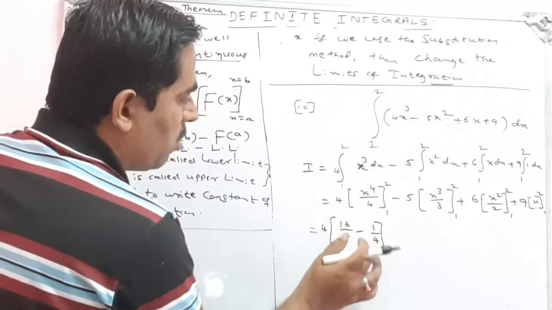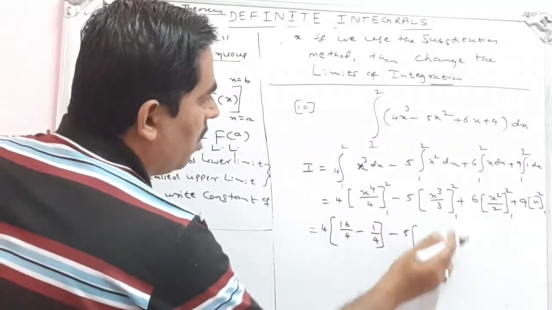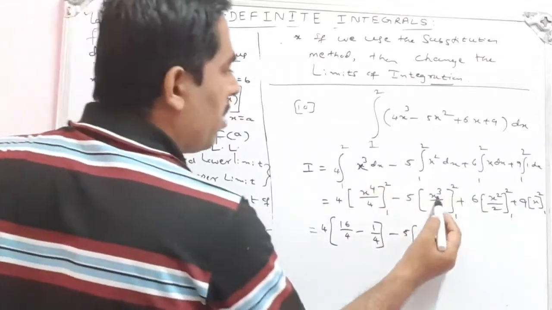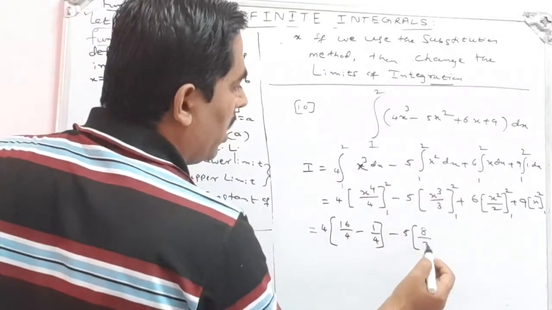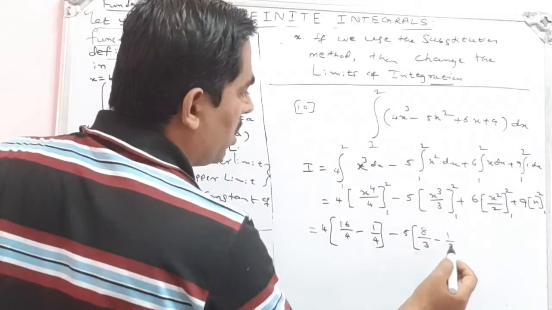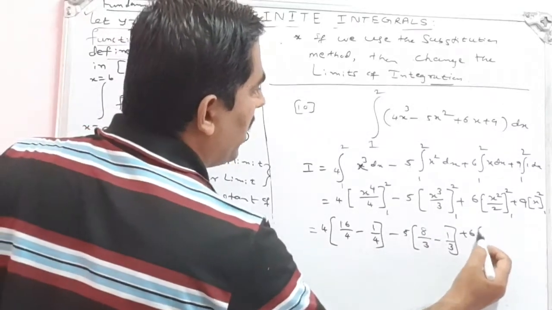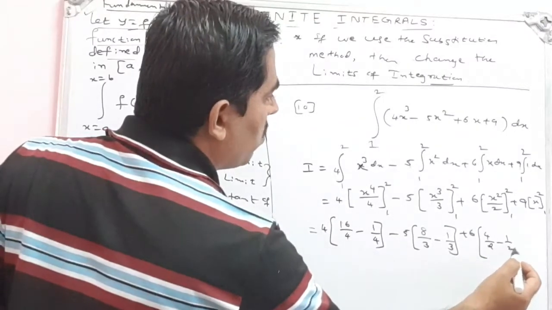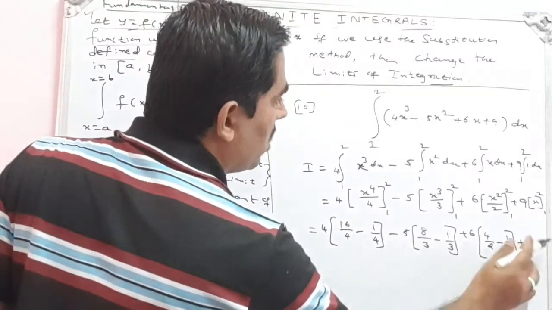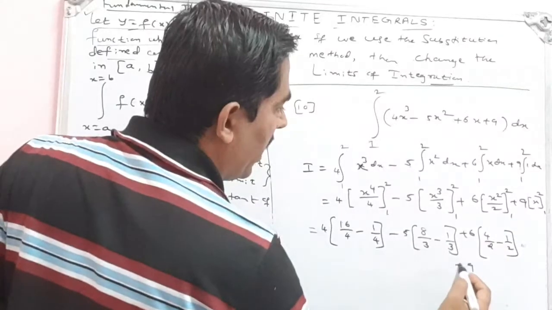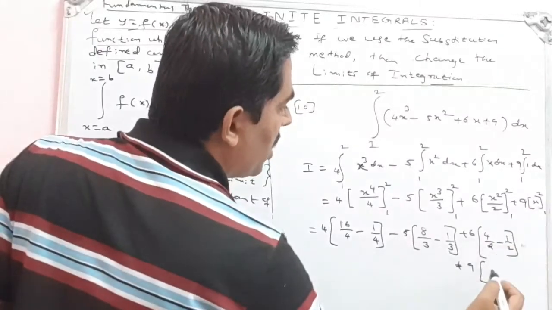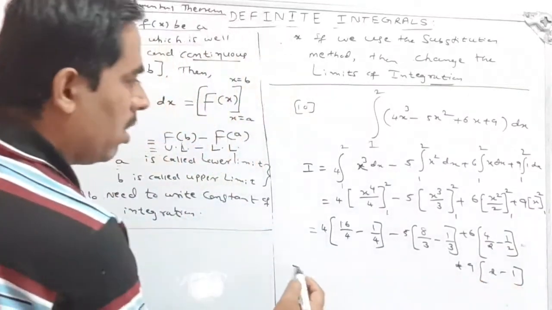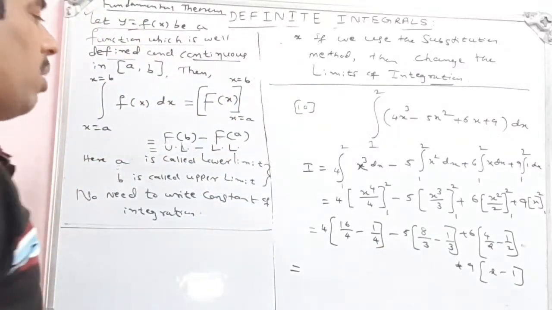Minus 5 into 8 by 3 minus 1 by 3, plus 6 into 4 by 2 minus 1 by 2, plus 9 into upper limit 2 minus lower limit 1.